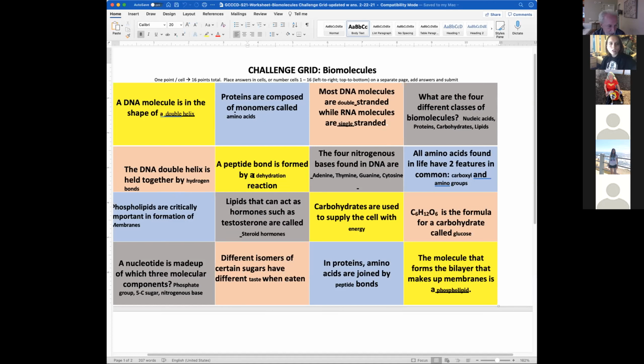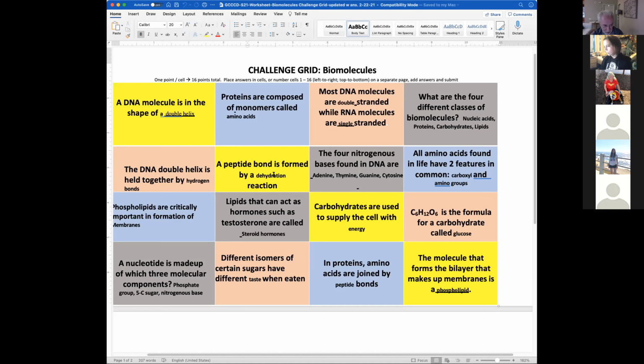A peptide bond is formed by a dehydration reaction. Quite a few of you put a saturation reaction, which isn't correct. Remember, a molecule of water comes out for every peptide bond that is formed. And so the loss of water is a dehydration.